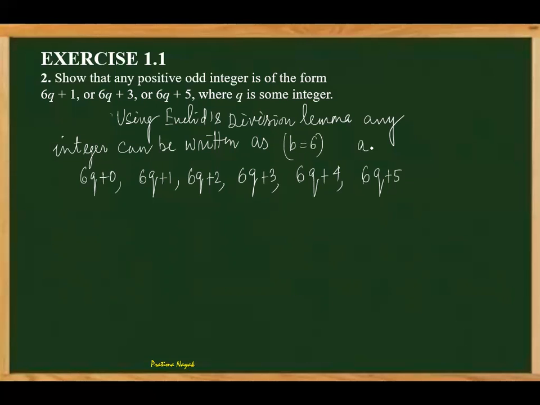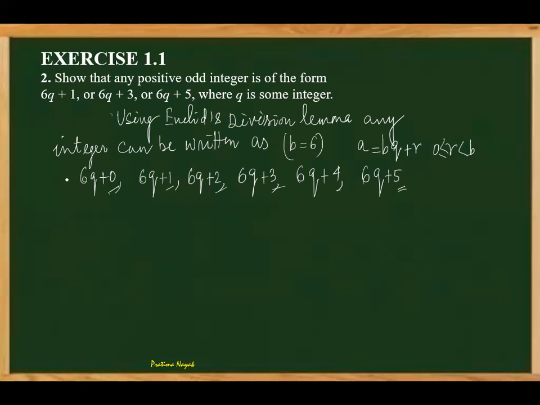So a is equal to bq plus r. The value of r is from 0 up to b. So b is here 6, so the r value will be less than 6. It will be up to 5. r is equal to 0, r is equal to 1, r is equal to 2, 3, 4, 5.